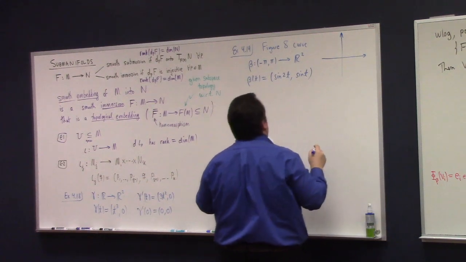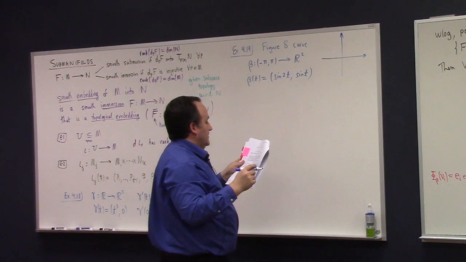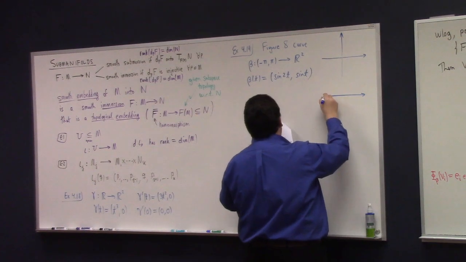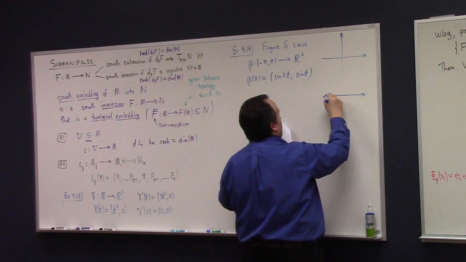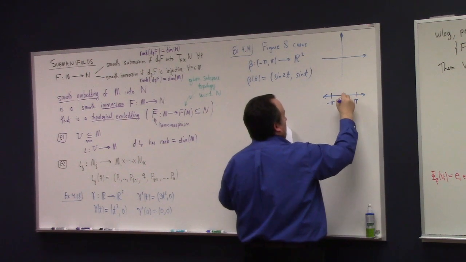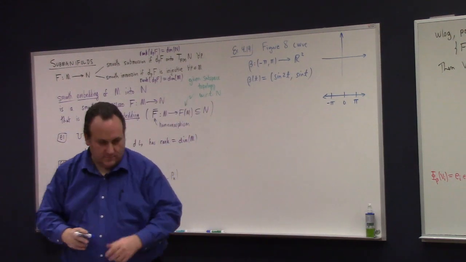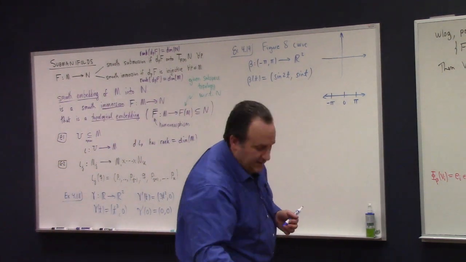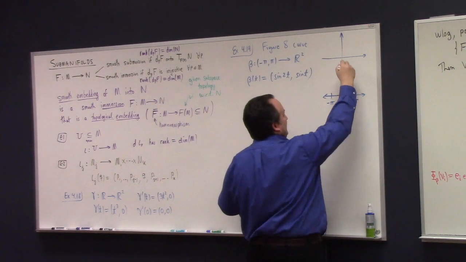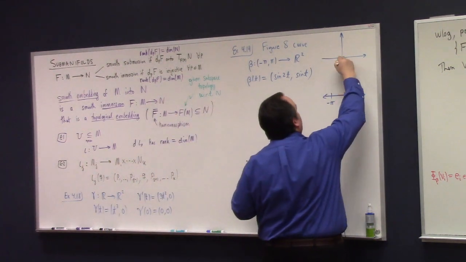So what goes on is, let's see if I can draw this with some color coding. Suppose this is minus pi, this is pi, here's 0 in the middle. I'm not saying this is exactly it, but something like this.